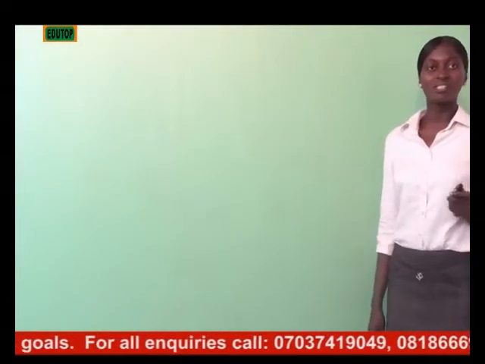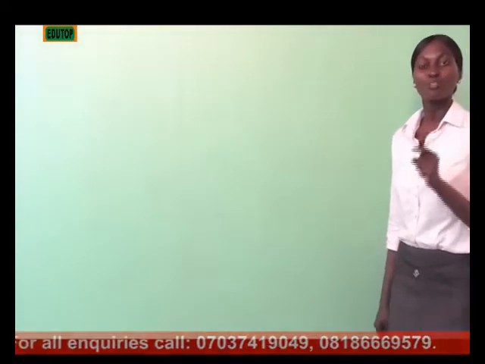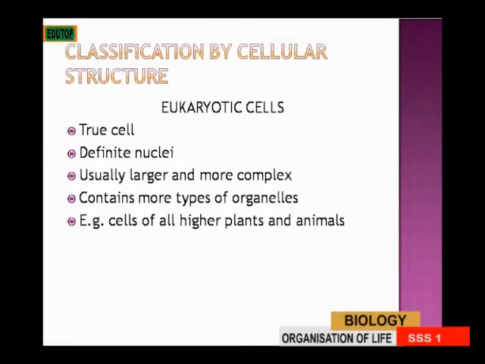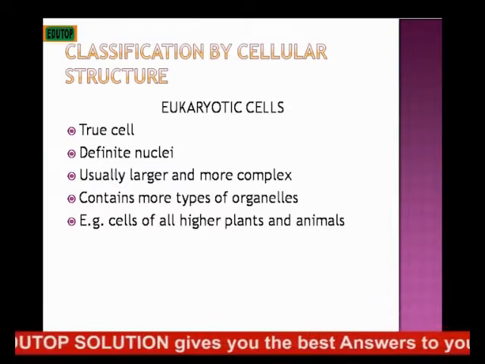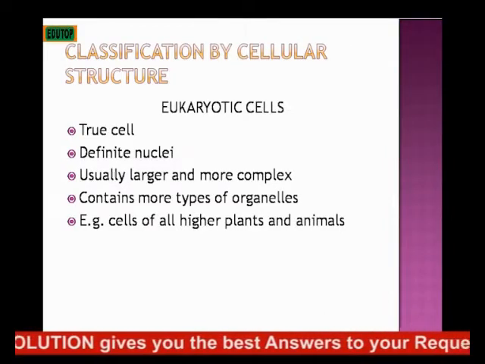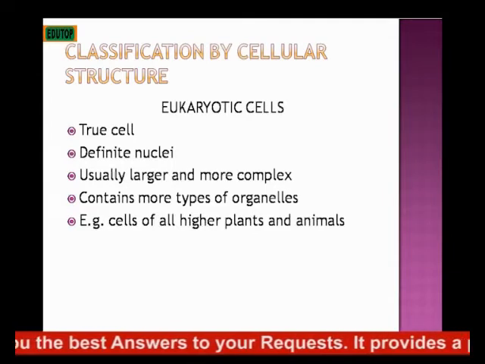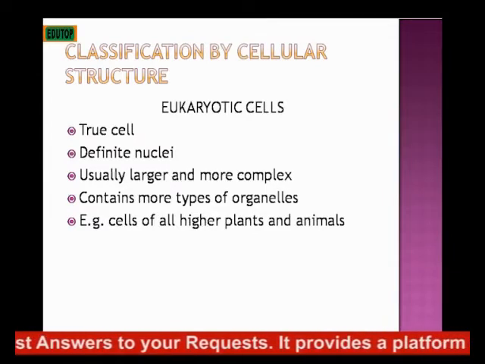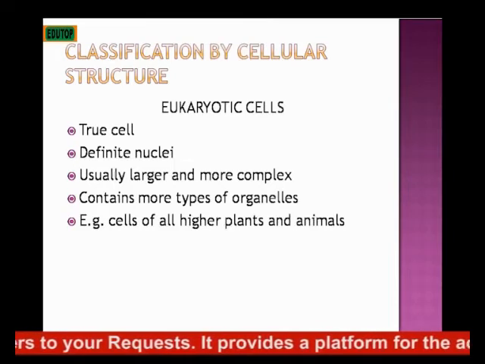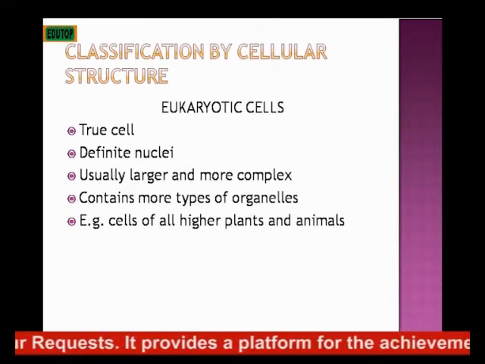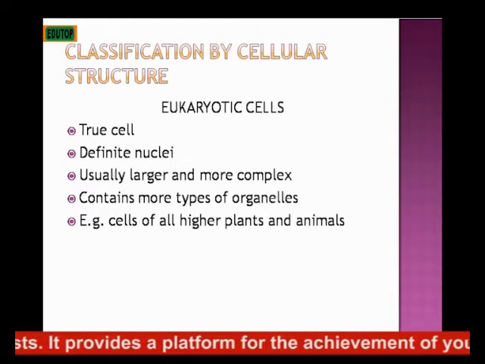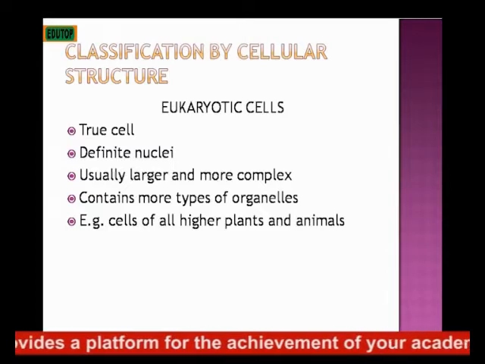Then for the eukaryotic cell, eu means true. So it is a true cell, unlike that one, which I said is before the cell. Eukaryotic is true cell. Then they have definite nuclei. Nuclei is the plural of nucleus. They are usually larger and more complex than the prokaryotic, and they contain more types of organelles.